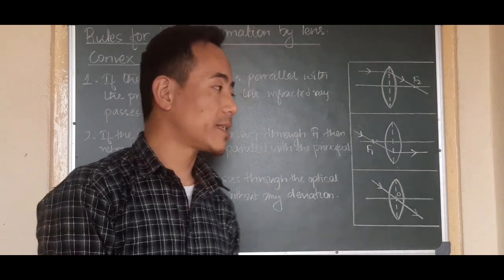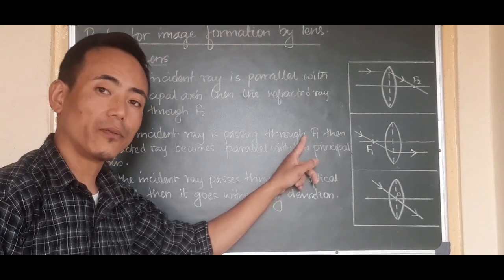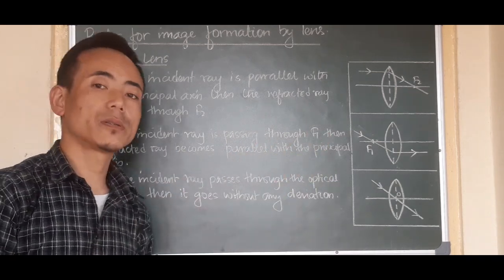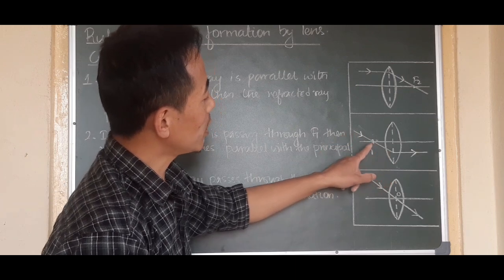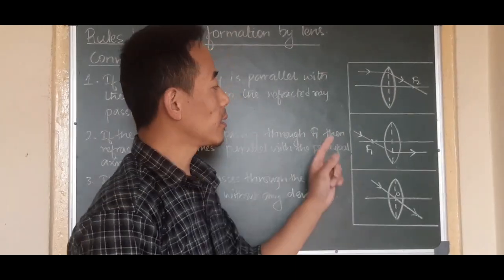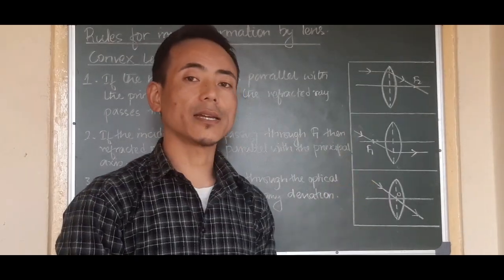Now rule number 2 says that if the incident ray is passing through the first focus f1, then the refracted ray becomes parallel with the principal axis. So here you can see the diagram. Our incident ray here is passing through the first focus f1. Remember, I have told you that there are two principal foci for a convex lens and a concave lens.